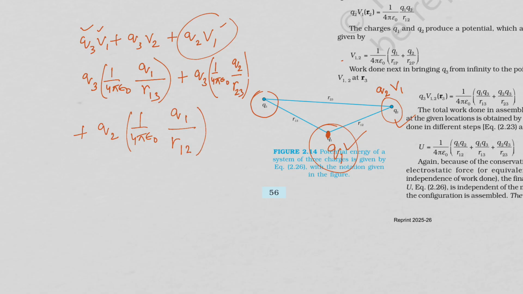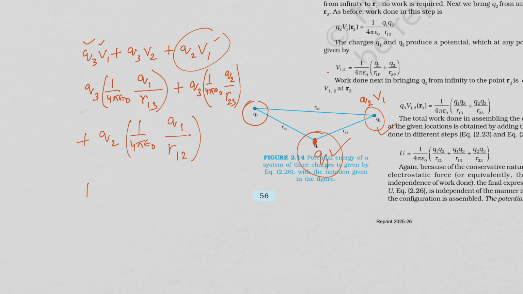Alright, so here we can take common 1 upon 4 pi epsilon naught, that you can see is everywhere, and in the bracket what will be left?